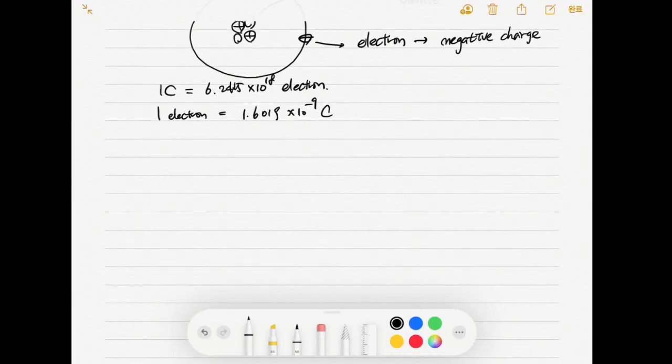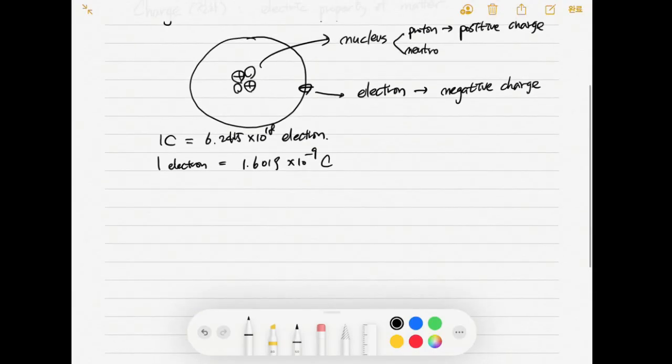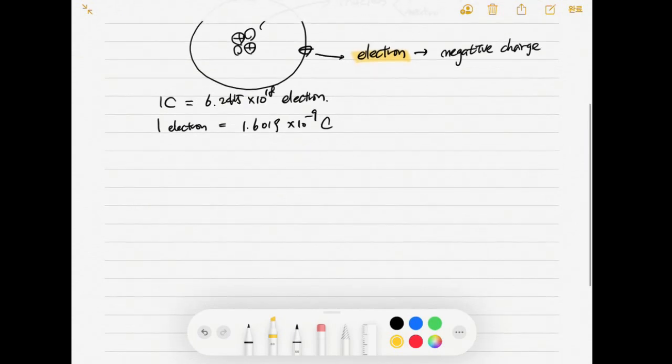So when the proton and electron attract each other, there will be some force.